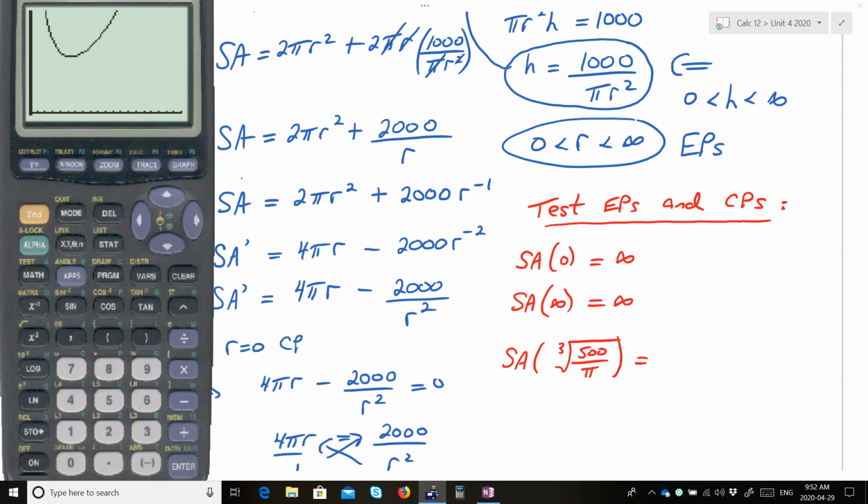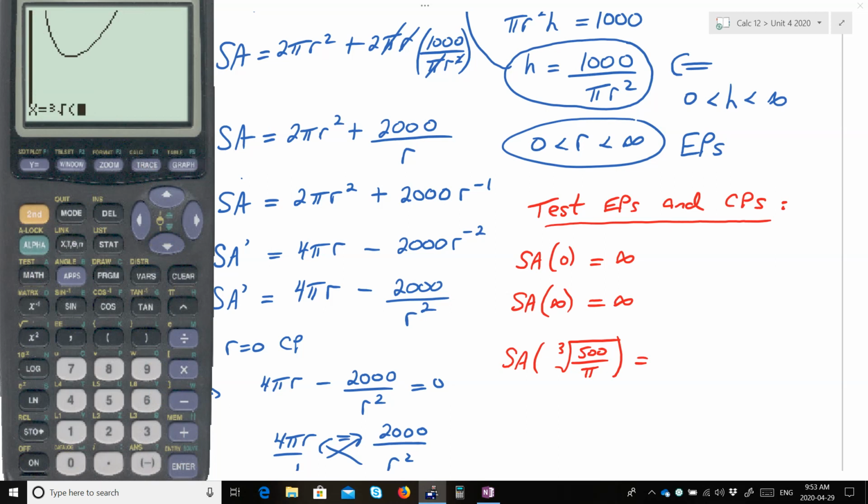So there's our surface area function, and you can see as r heads this way towards 0, that surface area curve is going way up to infinity, and as r heads this way out to infinity, the surface area goes to infinity. So the critical point is going to give us the minimum surface area, and I wonder if I can just calculate the value.